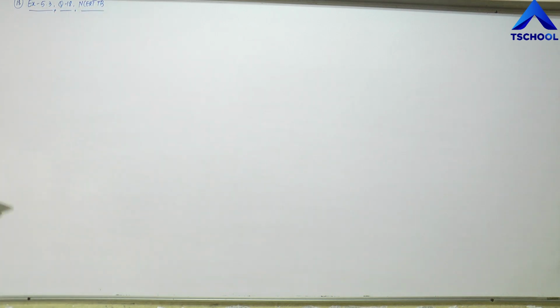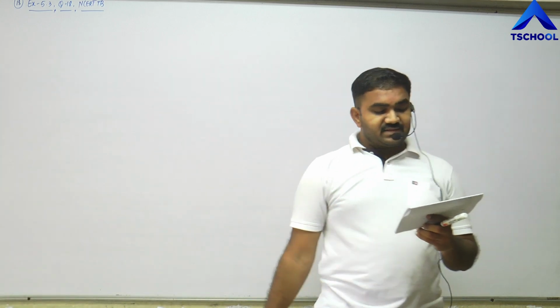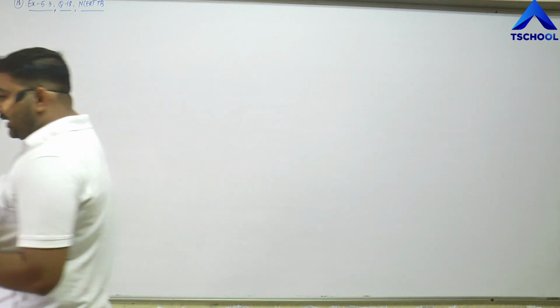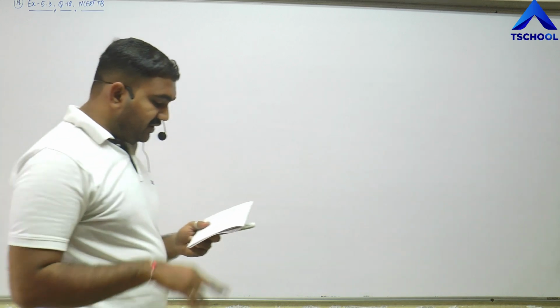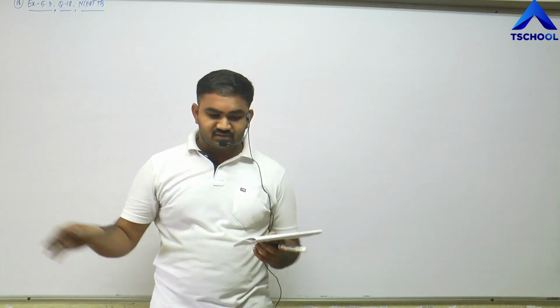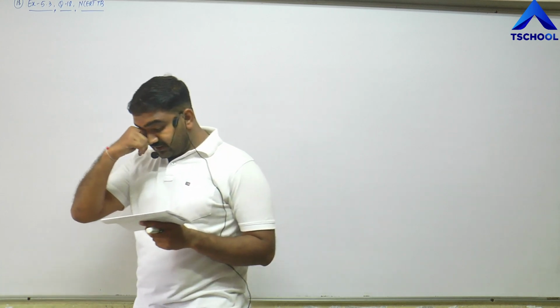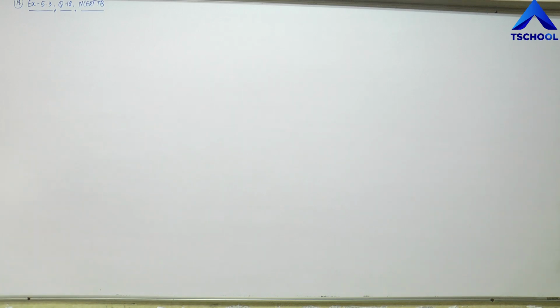Okay, friends? So the question goes like this: a spiral is made up of successive semicircles with centers alternately at A and B, starting with center A, of radii 0.5 centimeter, 1 centimeter, 1.5 centimeter, 2 centimeter, and so on, as shown in the figure. What is the total length of such a spiral made of 13 consecutive semicircles?